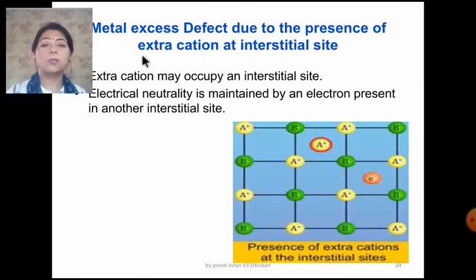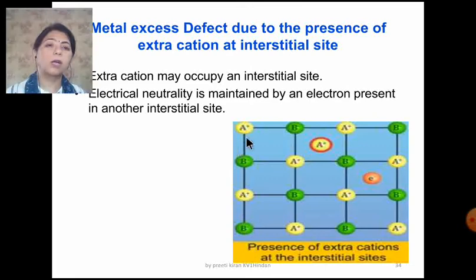Now the metal excess defect due to the presence of the extra cation at the interstitial site. Again I am repeating, the metal excess defect is due to the presence of an extra cation at the interstitial site. Just look at the picture.